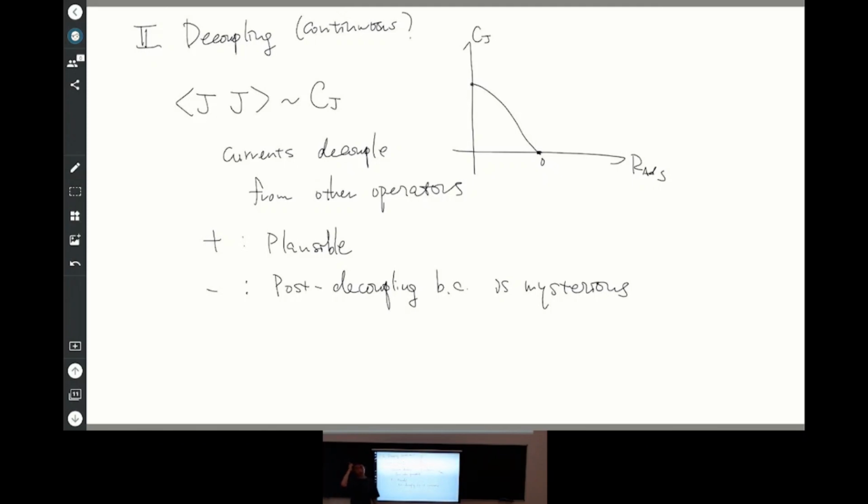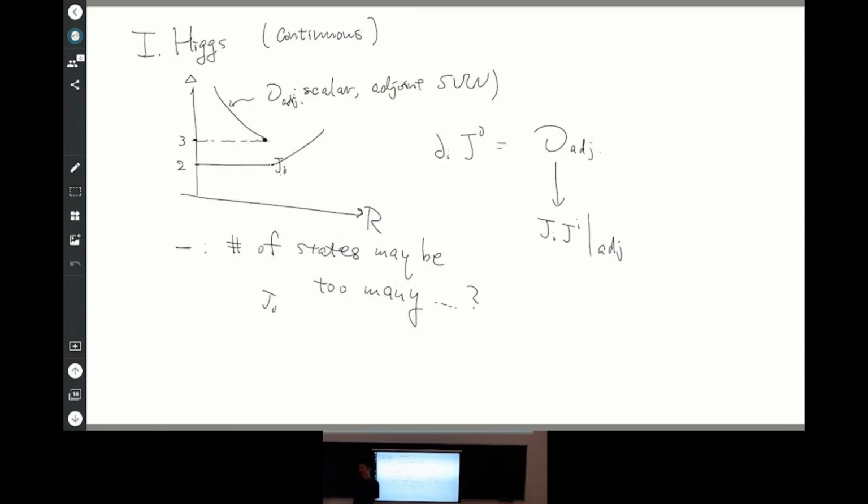Because we know it when it happens around free theories, but is there any example of a family of strongly interacting CFTs where this scenario is realized? Yeah, indeed, that's a good question. I think all the examples we know are around the free point.